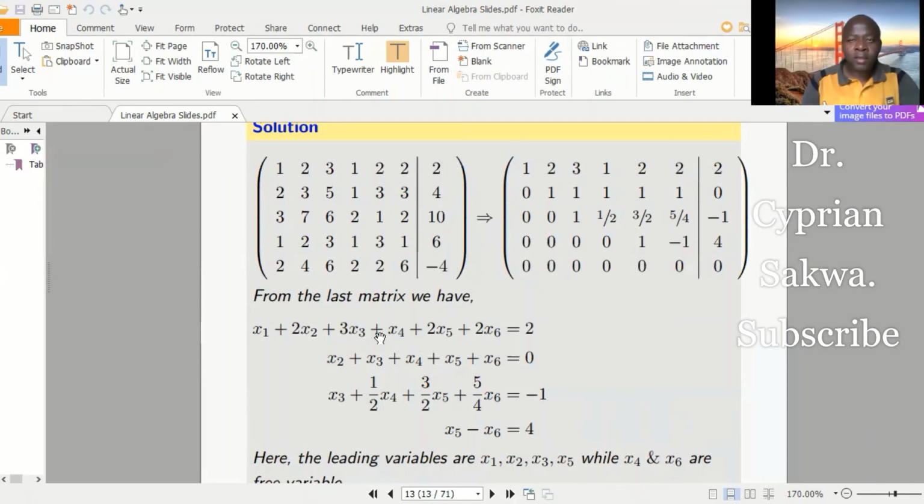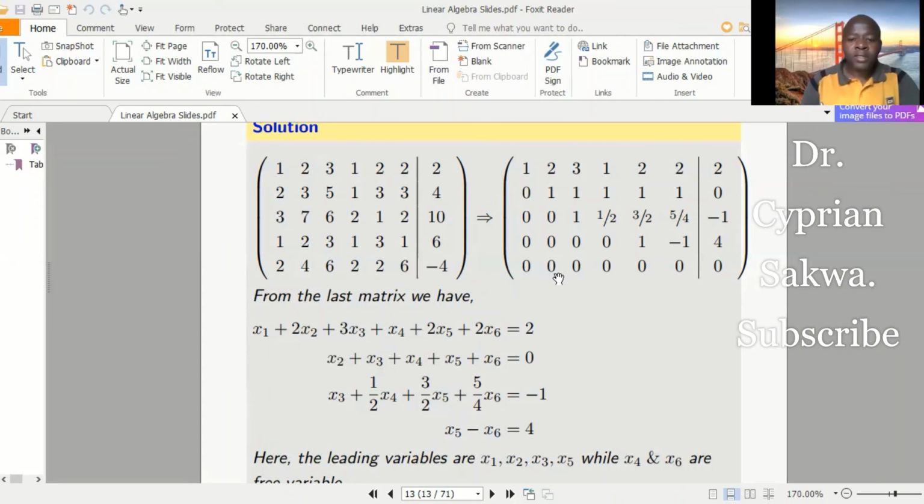And I do the same for the next equations. Then lastly, I have x5 minus x6 equals 4. Now what is interesting is the last row telling me that this system has infinitely many solutions.